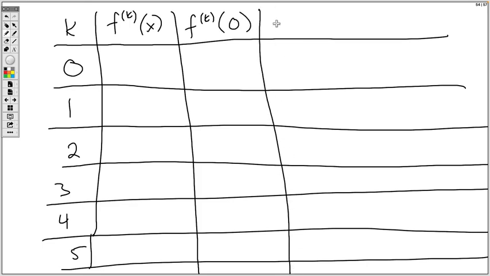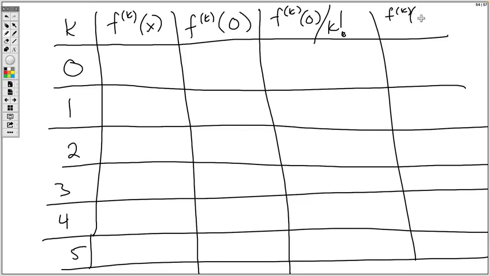And then I'm going to have the kth derivative over k factorial. And then I'm going to see if I can find a pattern. You with me or not, folks? Okay, so these are the coefficients, right? And then I'm going to have the x to the k.